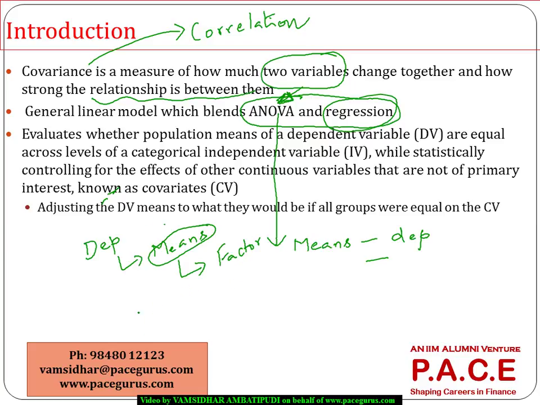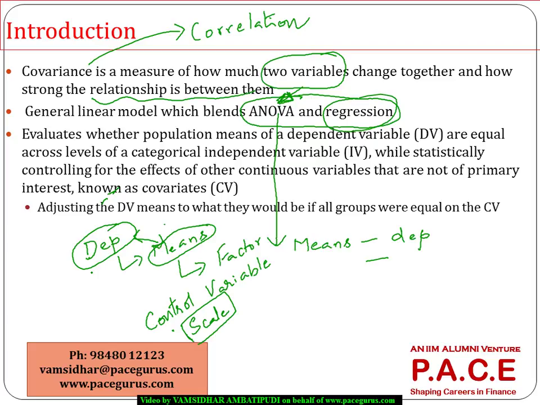But in an ANCOVA analysis, what we do is we introduce something called a control variable. It might so happen that the dependent variable which we have considered might be dependent on some other scale variable, and because of that the means are changing for different categories.